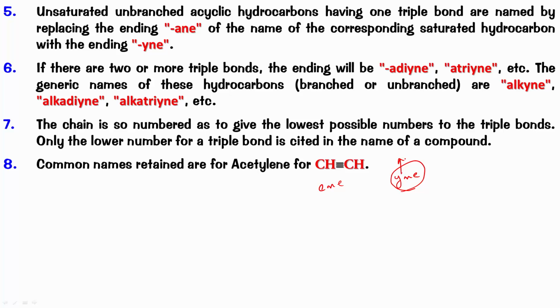So whenever you name a double and a triple bond together, first name the double bond, then name the triple bond. So the ending is going to be enyne. And before yne, you're going to have this fellow, ene.